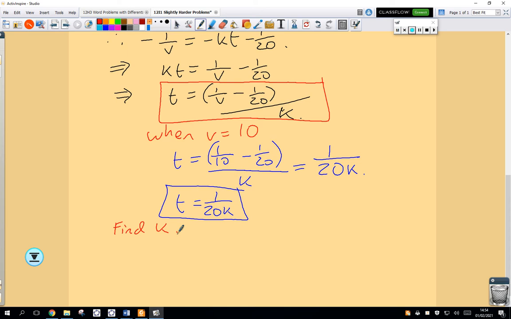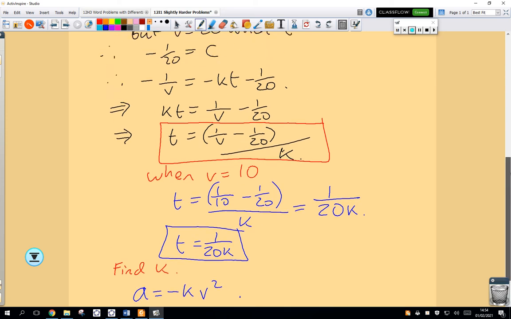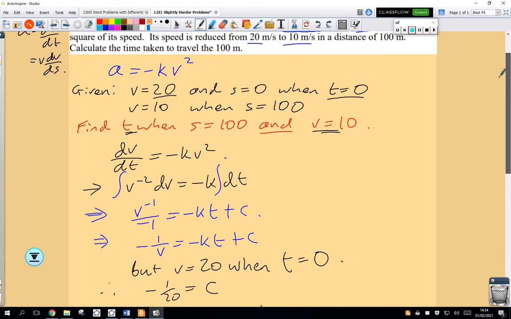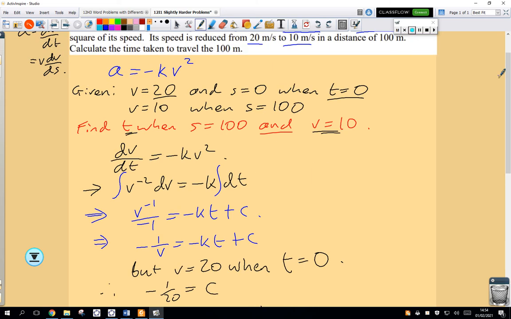What I'm going to do to find k is go right back to my original equation. My original equation said a is equal to negative k times v squared. And we had initial conditions. I'm going to scroll back up just to look at those again. Lots of information in my initial conditions connecting v and s.